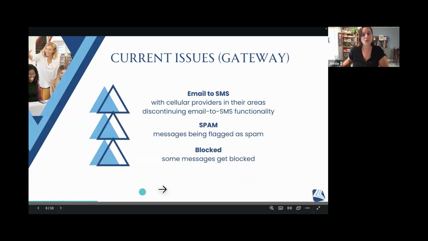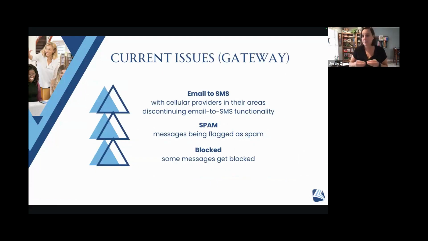Now, over the years, we've noticed that there are some issues with using the email gateway. Essentially, what we provided is the current way, which is email to SMS, where we're collecting the cellular provider and number and then sending it out via email. This essentially allows you to send out a text message from the Koha system.